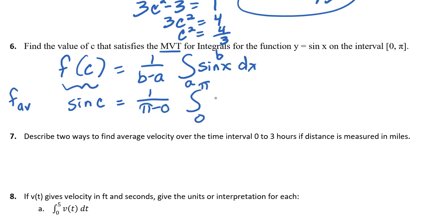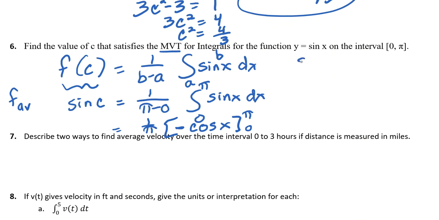So our integral, so sine is the derivative, so we have 1 over pi. Sine is the derivative not of cosine, but of negative cosine, so that the two negatives would cancel out. So our fundamental theorem here, we have our f of c side on the left.